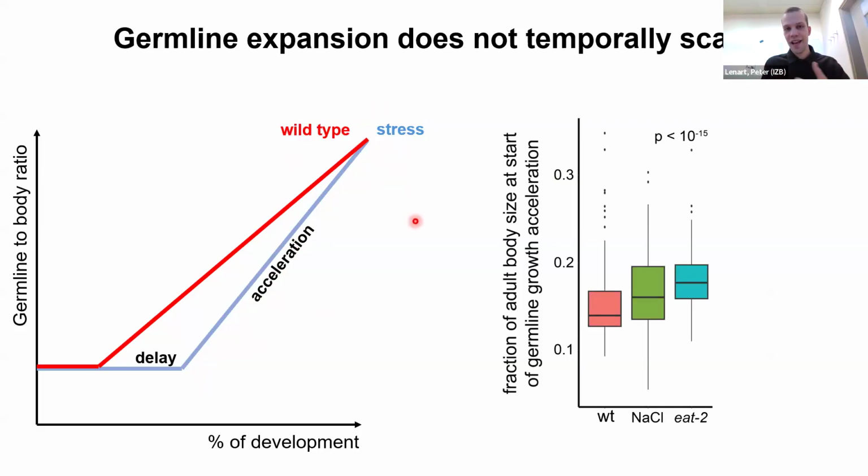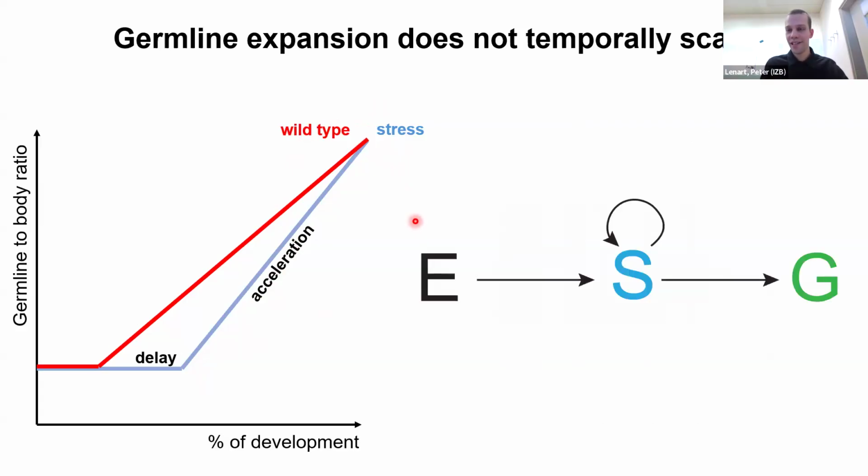And I think this is interesting, and from the modeling that we did, it also seems to be a sensible thing. The intuition for that is that you want to delay your germline expansion as much as you can, and under this stress, soma grows slower because it can get nutrition from the environment less effectively.